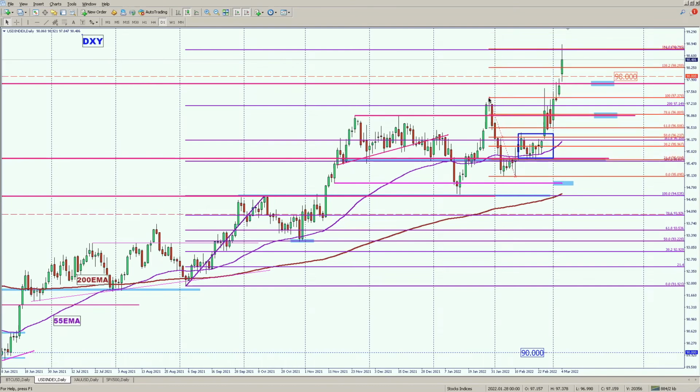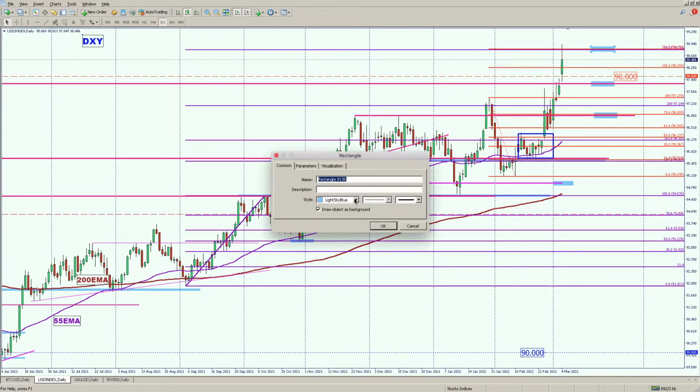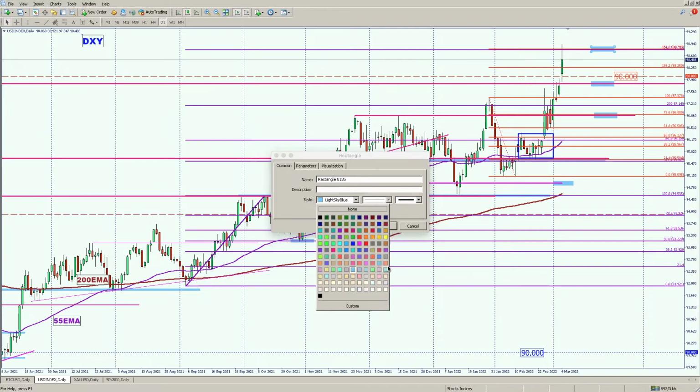So that's a potential resistance zone for now. And it could be further consolidation after that and pullback.